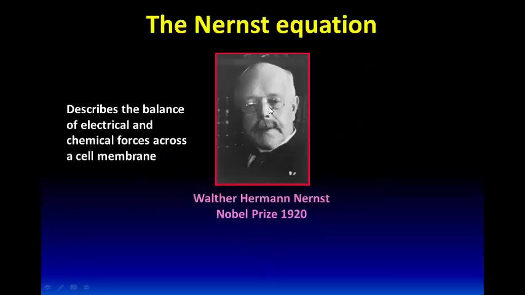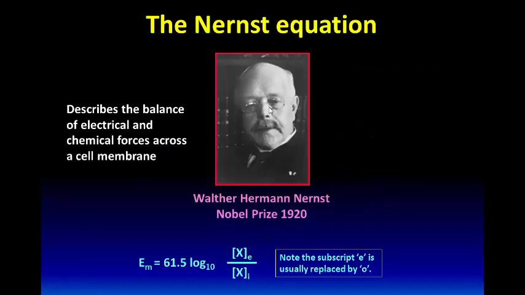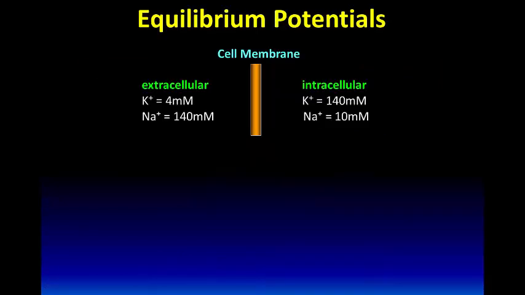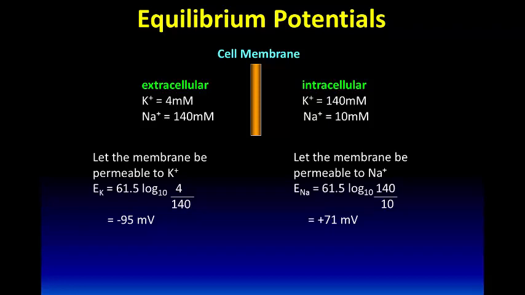Someone might argue and say, no, this is not the case, and say that in the resting state the membrane is permeable to sodium, and the resting membrane potential is in fact due to the influx of sodium rather than the efflux of potassium. If that's the case, then let's explore this possibility. Using Nernst's equation, we can calculate the equilibrium potential for sodium.